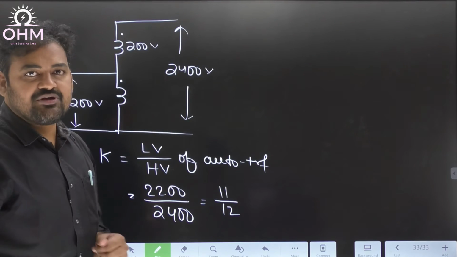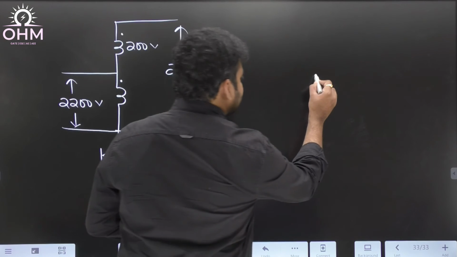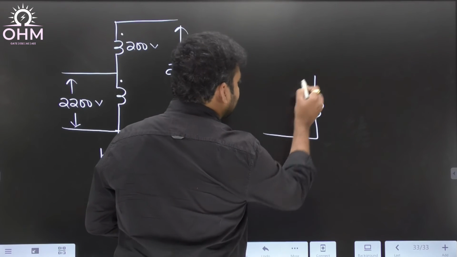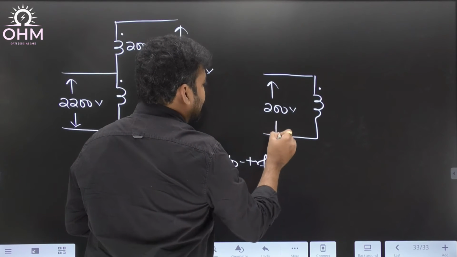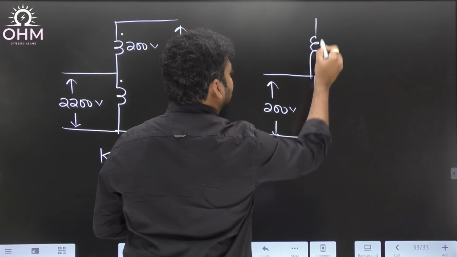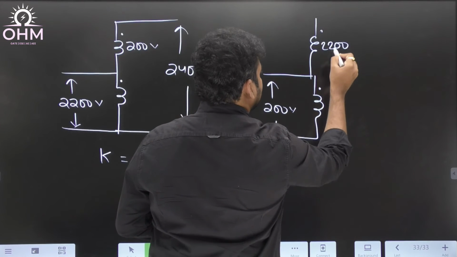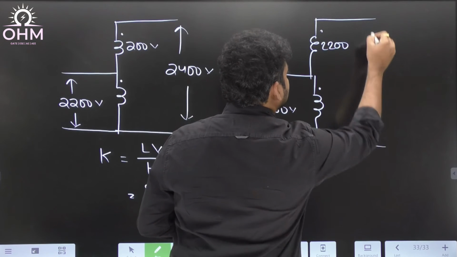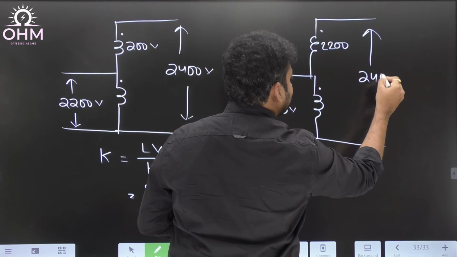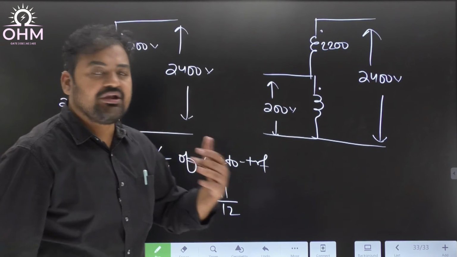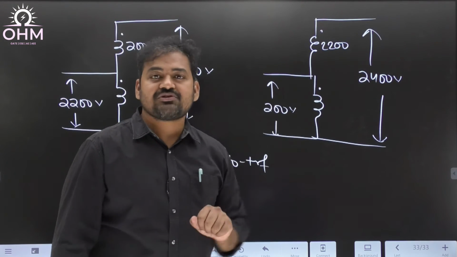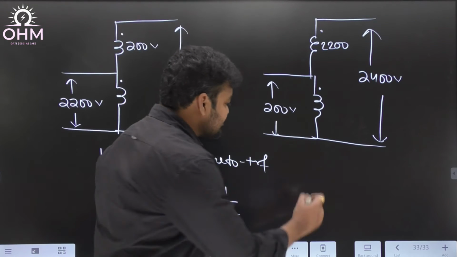There is another possibility available. Suppose I give an input voltage of 200 volt, and the other winding is 2200 volt. Once again, the output is equal to 2400 volt. The required condition is satisfied. What is the condition we need? Output voltage must be 2400. But what is the ratio K here?